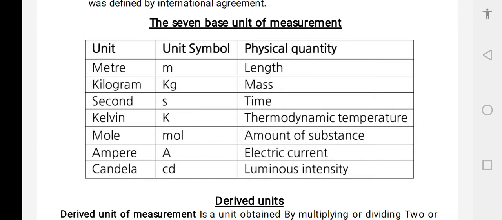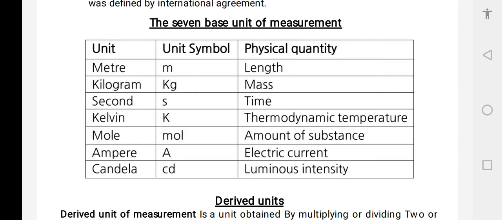So these are the 7 base units of measurement. Now, we are going to look at the 7 physical quantities. We have got length, mass, time, temperature, substance amount, current, and intensity.